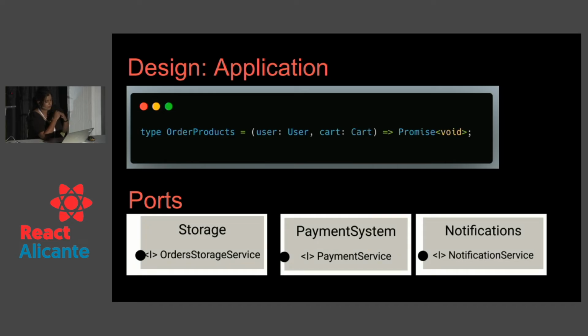Now in designing the application, we'll order products, and when we want to order products, we obviously need to send the user and the cart all together, right? And we also will have some ports. We'll write services for them, as I mentioned: a payment system, notification, and storage.